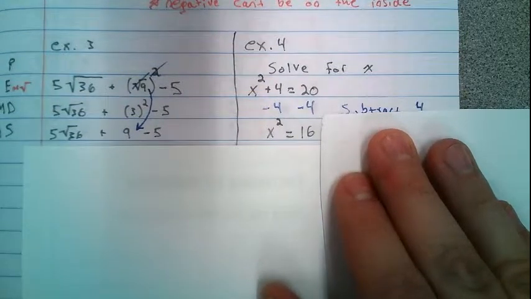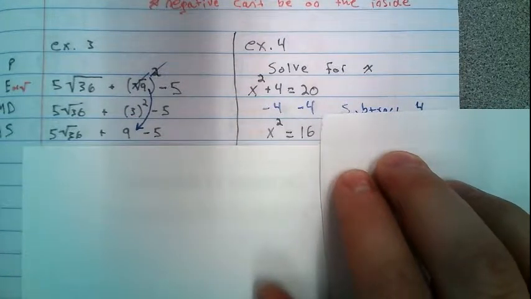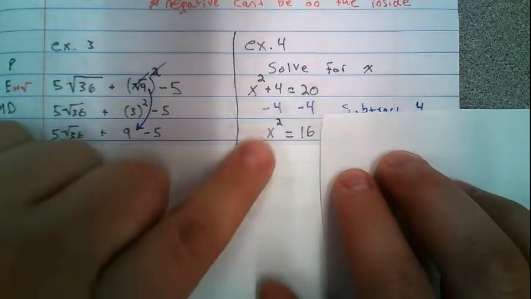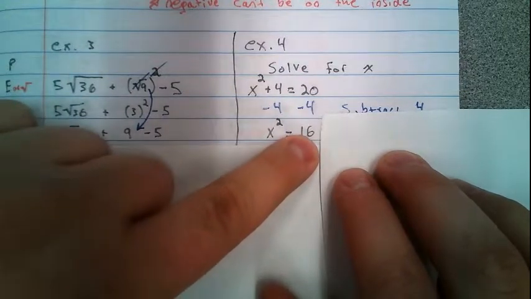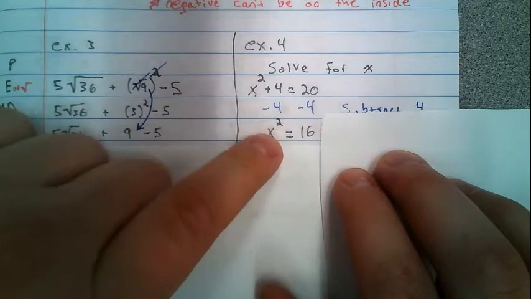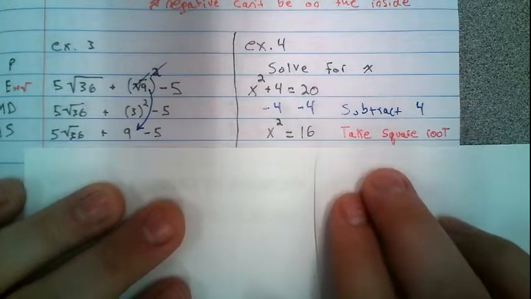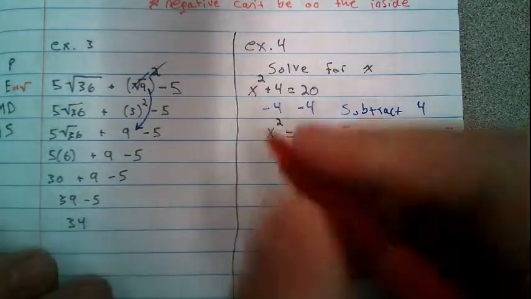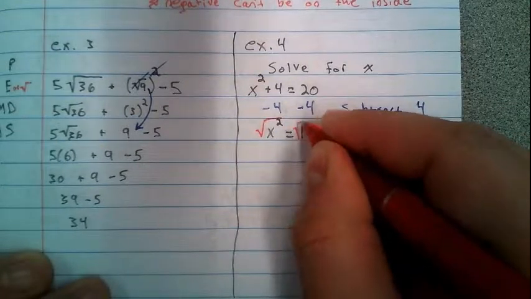Now, I still need to solve for x. I need to get x by itself. Right now it's being squared. So what is the opposite of squaring something? It's taking the square root. So this is saying some number times itself is 16. Well, the definition of finding a number that times itself is the square root. So we're going to take the square root of both sides. The square root here and the square root here.